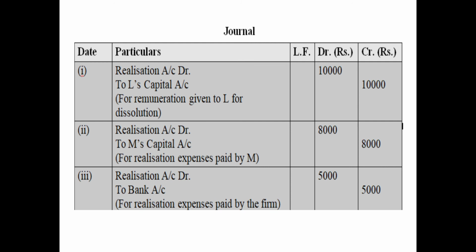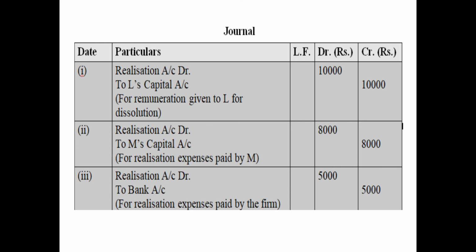So case number 1, when the fixed remuneration was given to L, who was responsible for realization expenses, the entry will be realization account debited 10,000 to L's capital account 10,000. Then the second case, realization expenses of 8,000 were paid by M. So the entry will be realization account debited to M's capital account 8,000 and 8,000.